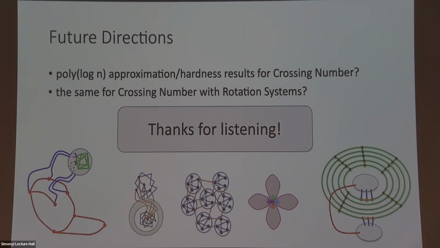What if you allow 3 edges to cross at a single point, or k edges to cross at a single point? Do you get a better result, or is there a fine criterion for all of these? You mean k is a constant of your choice, or can it be an arbitrary number? Let's say constant. Constant probably does not make a big difference, because if 3 edges cross at the same point and you split them, it gives you 3 crossings.